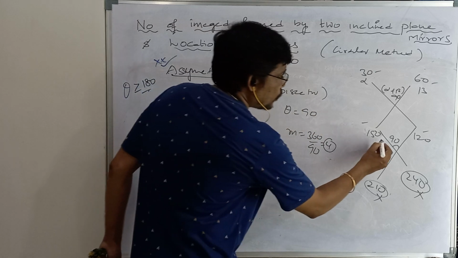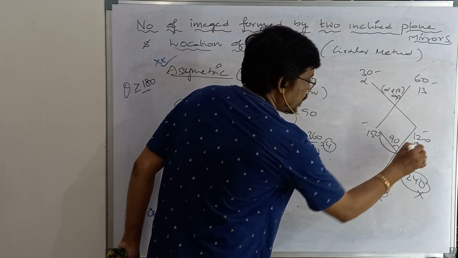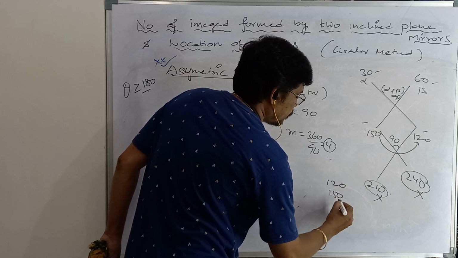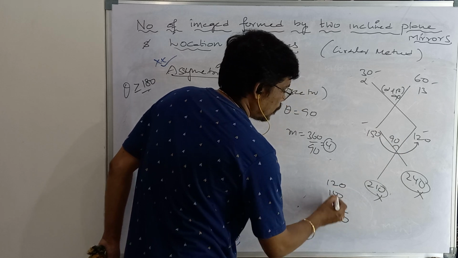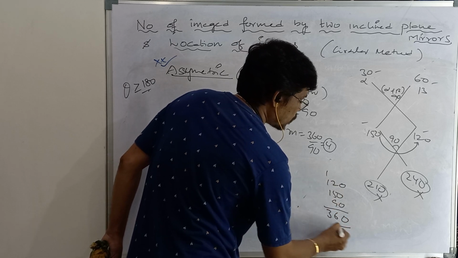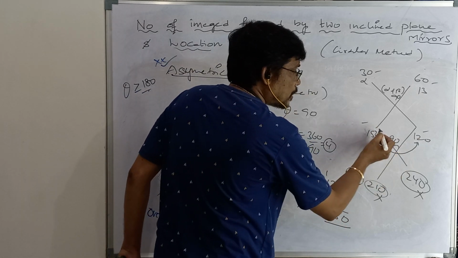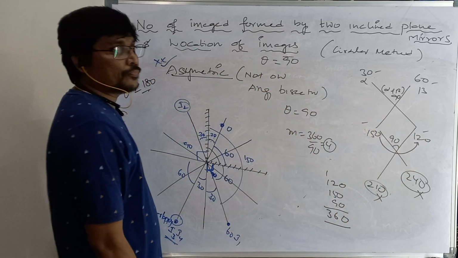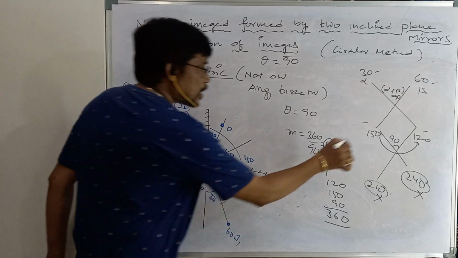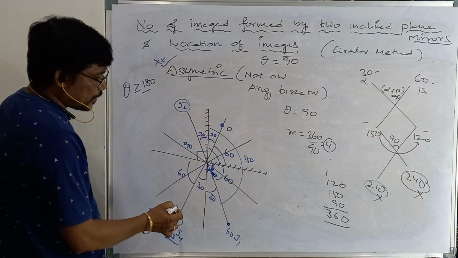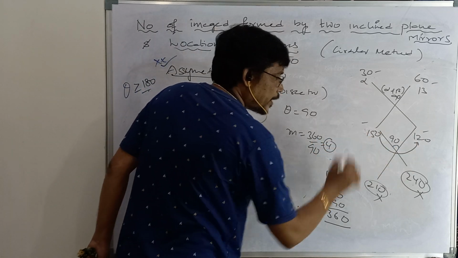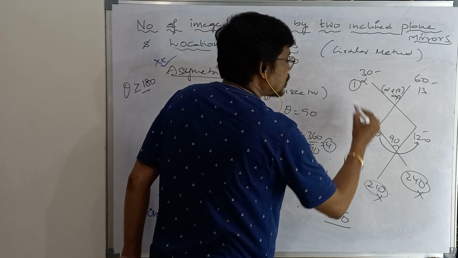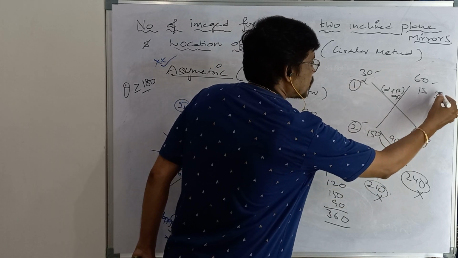But if you consider these three angles, 150, 120, 90, the total is 360. If the three angles total 360, again you consider it as overlapping. So this is the first image, second image, and third image.